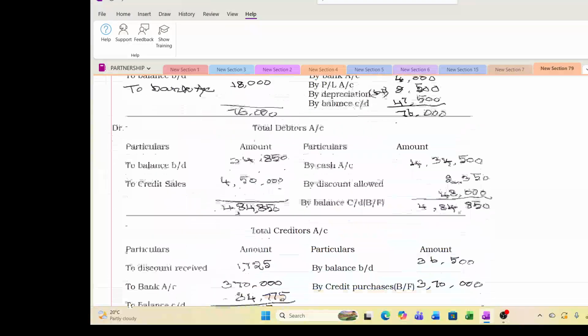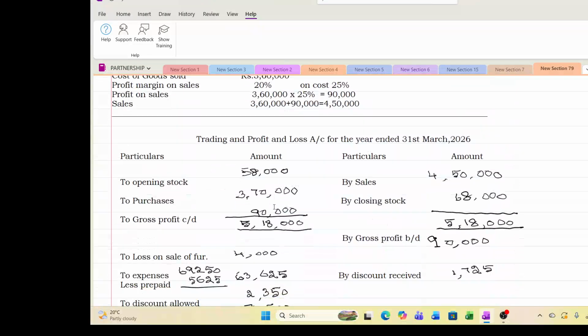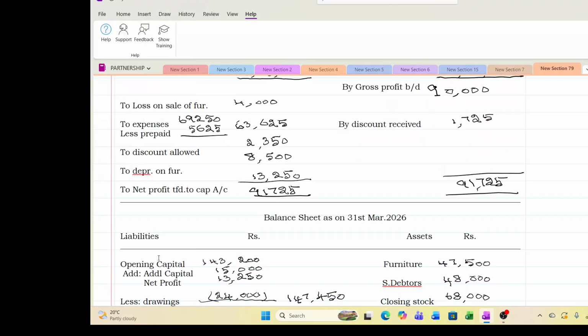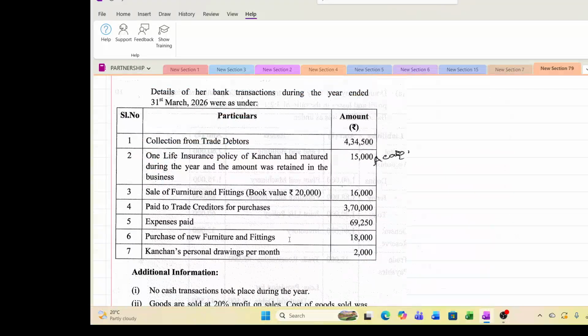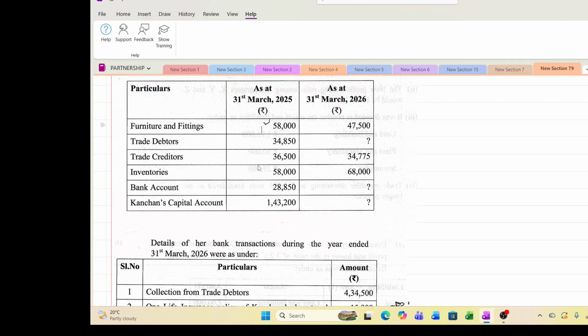Write it in your current balance sheet in the inner column, 1,43,200. Okay. So now we have closed this box. Completely this box is entered. You don't require it anywhere else because you have entered this figure in your closing balance sheet.